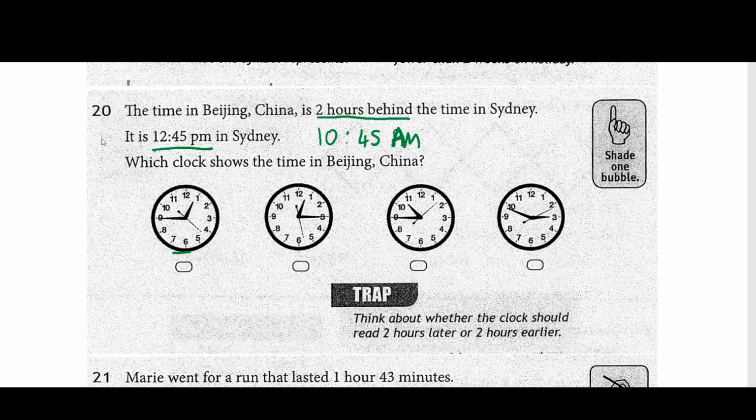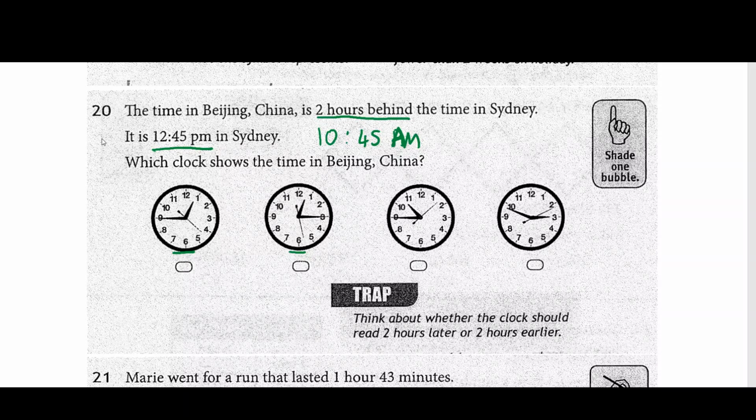This first clock here, that looks to me to be 12:45. So no. This second one looks to be 12:15.